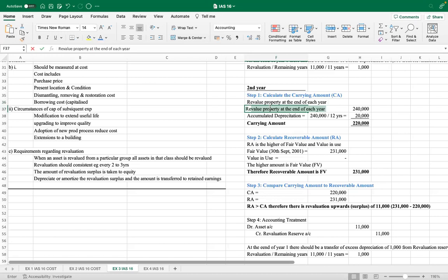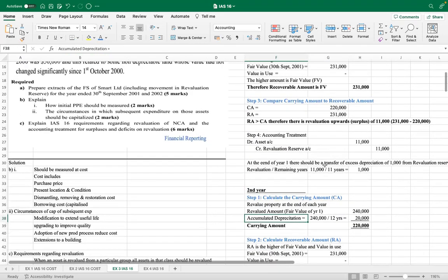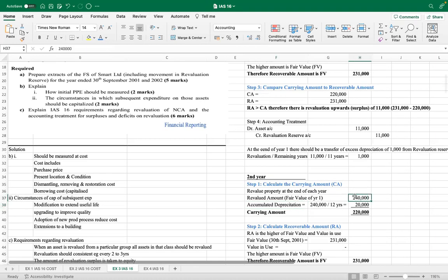The revalued amount at the end of year 1 is the fair value of year 1. What was the fair value of year 1? We had it here. The fair value of year 1 was 231. So that will be the new value because of that note we were told. So the fair value is 231 because we have revalued.